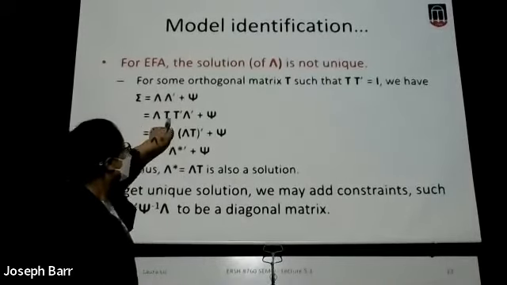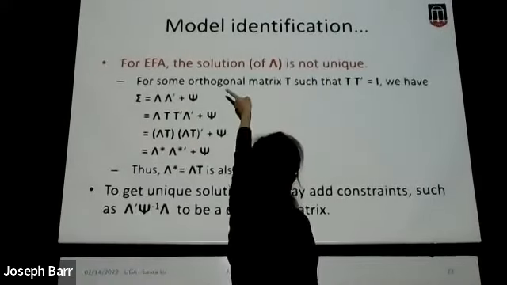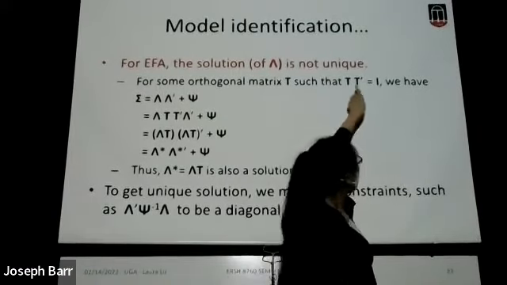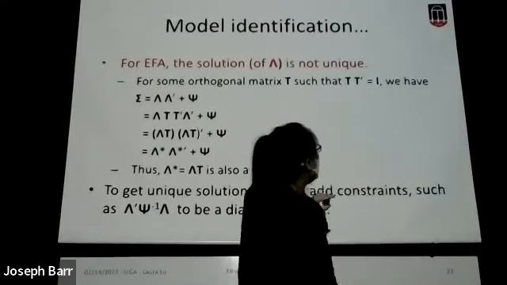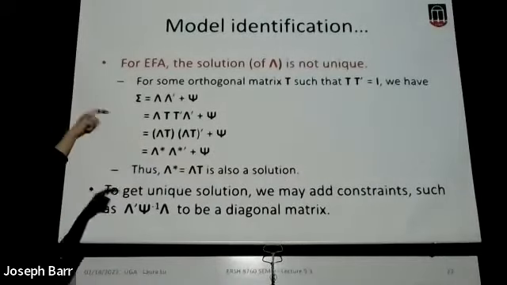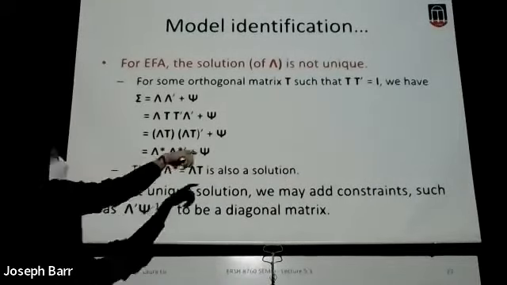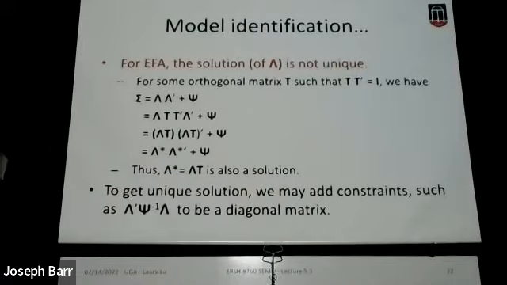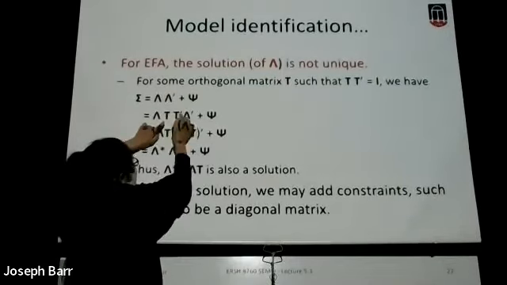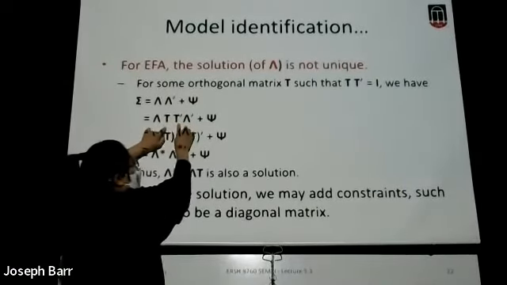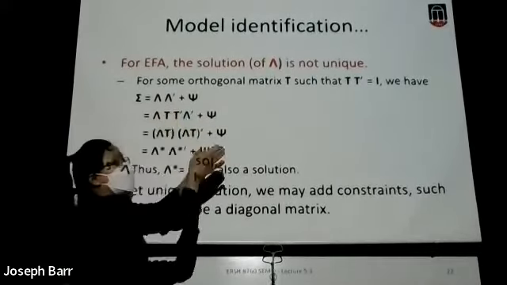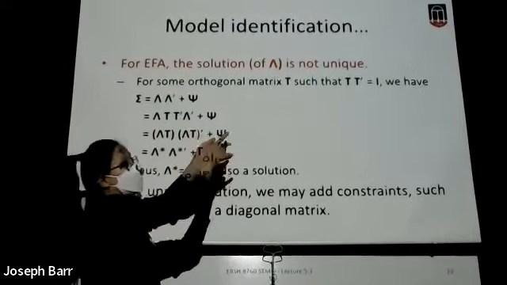Now we assume we have some orthogonal matrix T. Because it's orthogonal, we have this property: T times the transpose of T is the identity matrix. So we can replace the identity matrix with T times the transpose of T. Now, once we have this form, we can generate a new lambda.